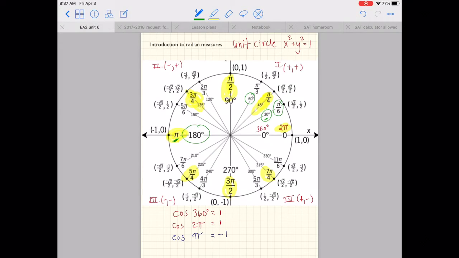So 60 is 2/6, and 2/6 is the same as 1/3. 90 is 3/6, which is the same as, of course, pi over 2. 120 is another 30, so that's your 4 over 6, which reduces to 2/3. Here's your 5/6, and then we have 6 over 6, which of course is a whole. So it's just 1/6, 2/6, 3/6, 4/6, 5/6, and 6/6.